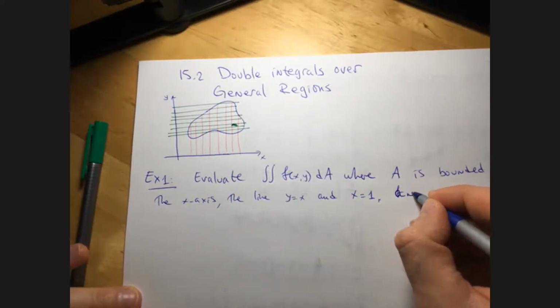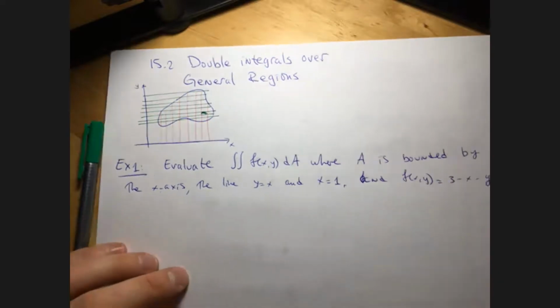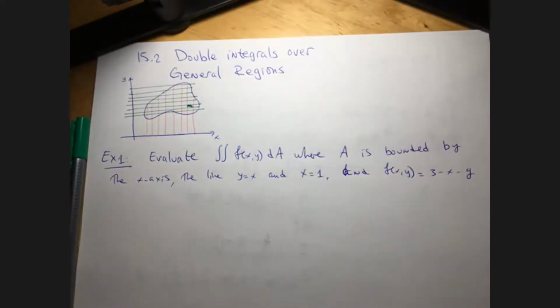And f of xy is equal to 3 minus x minus y.